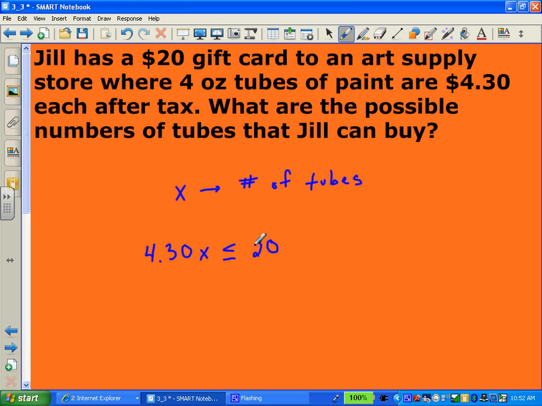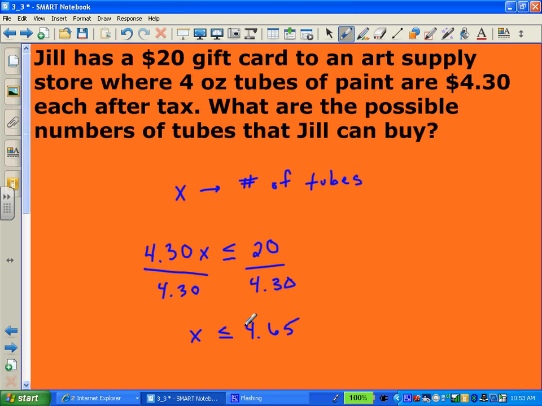So then to solve this, all I'm going to have to do is divide by 4.30. It's not a negative number, so I don't have to flip the sign. And 20 divided by 4.30 is about 4.65 if we round.